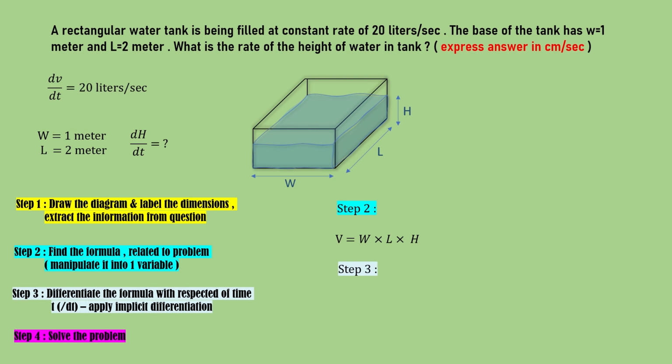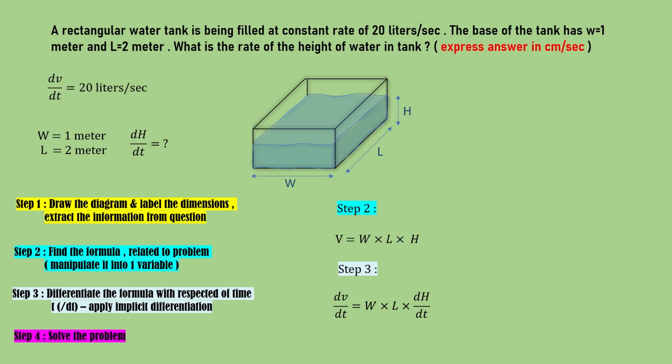After that, we differentiate the formula with respect to time, which means applying implicit differentiation, and the equation will be dV over dt equals width times length times dh over dt.